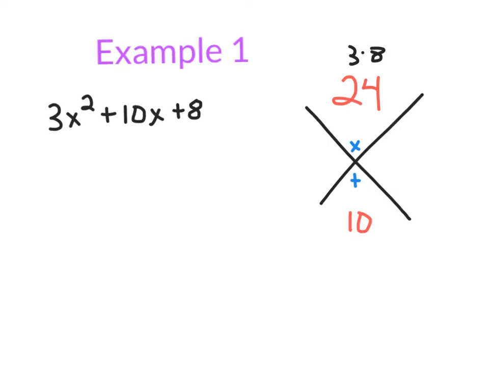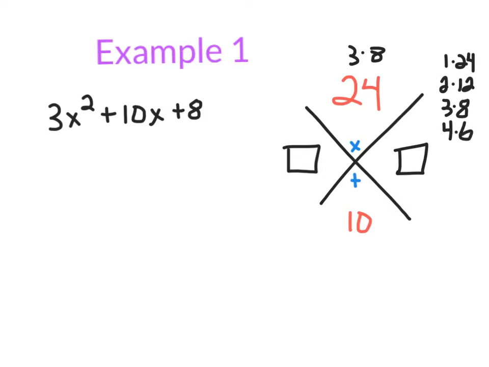So let's think about the factors of 24 first. Oh, and by the way, we are going to put those numbers here. So the factors of 24 are 1 times 24, 2 times 12, 3 times 8, and 4 times 6.